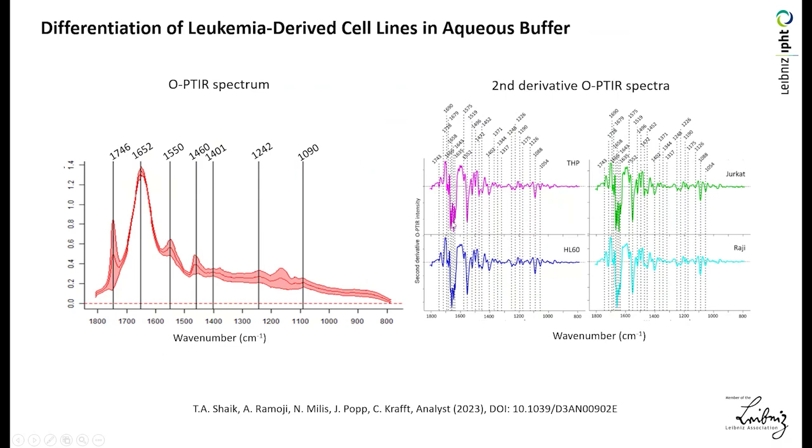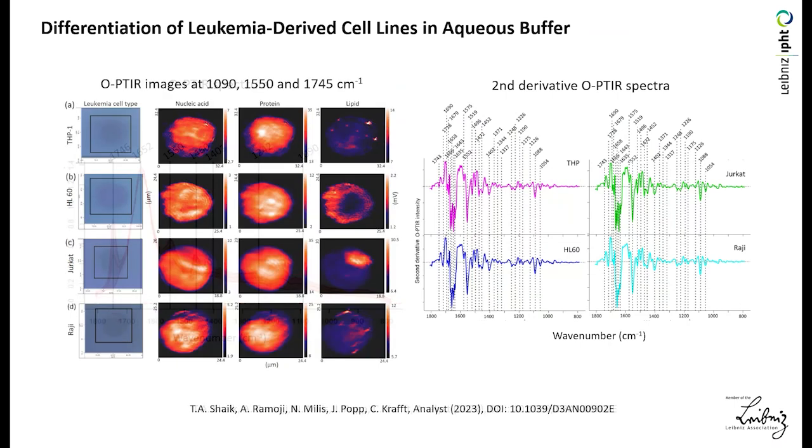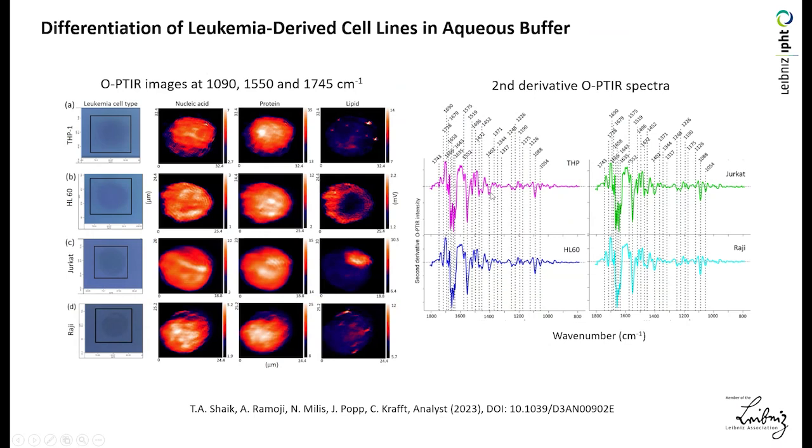If we look closely, in particular in this amide band, there are variations between the cell lines, and these variations can be used for differentiation. O-PTIR can also be used for imaging, and so from some cells we collected images. At 1090, the spectral contribution of nucleic acids can be probed.